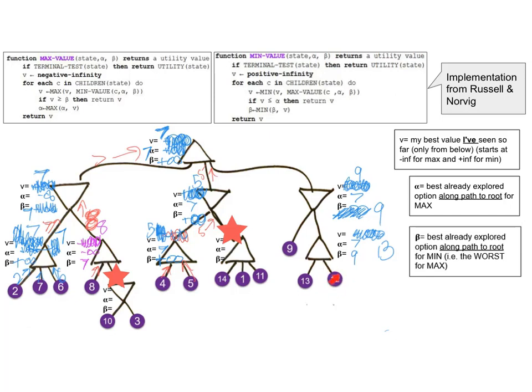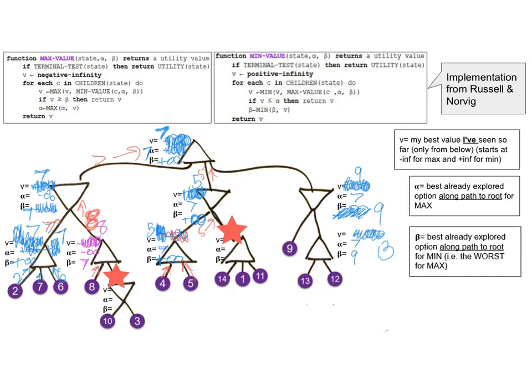But without seeing this 12, we know that min is never going to pick this branch because the 9 branch, at least, doesn't let max pick a 13. And if this 12 is smaller than 13, max isn't going to pick it. And if this is 155, max will pick that, which will be even better than 13, better than 9.